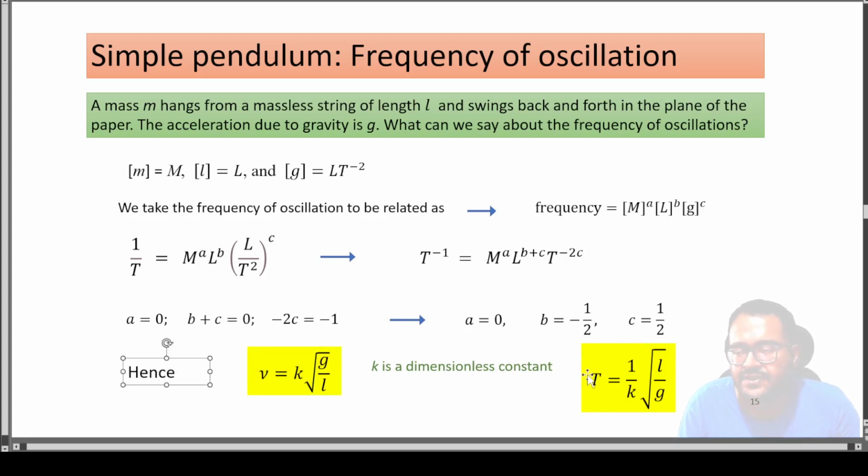The time period of a pendulum is 2 pi square root of L by g. These are some examples of what we can do with dimensional analysis. You'll see lots of examples later on. I'll give you an assignment which deals with some problems of dimensional analysis. If you are having any doubt, just pause it, replay it, and see what is going on there.